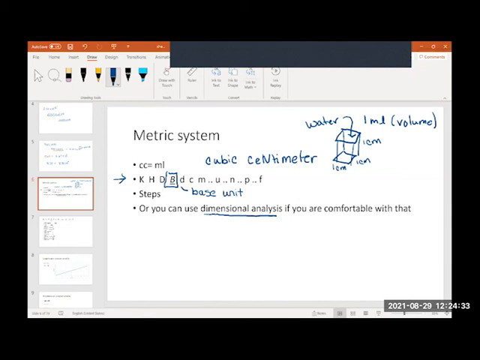A base unit can be something like a volume. The base unit for volume would be a liter. The base unit for length would be the meter. So base units, let's write this. For volume, it's liter.